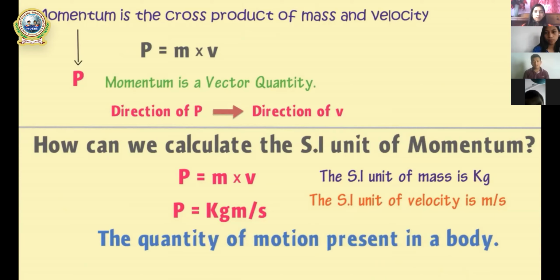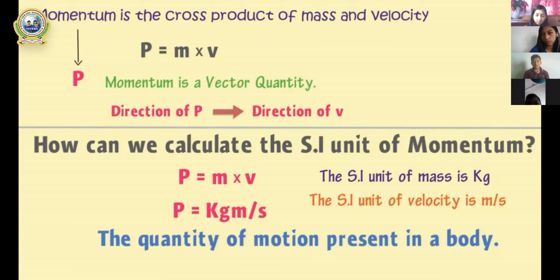How can we calculate the SI unit of momentum? Mass is kg and velocity is meter per second, so the SI unit of momentum is kg meter per second. Got it? One definition of momentum is the product of mass and velocity, P equals m into v.